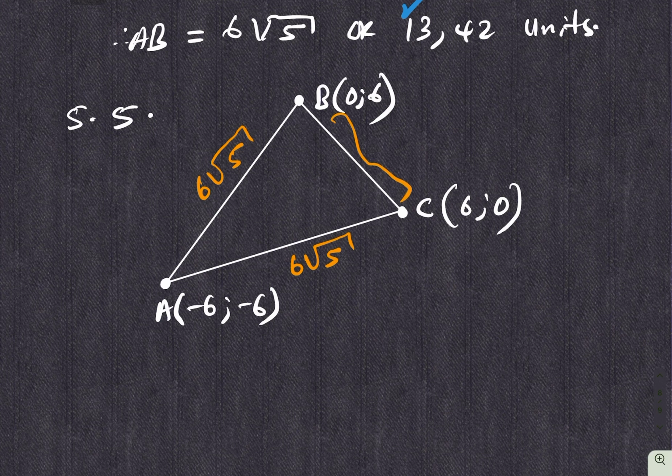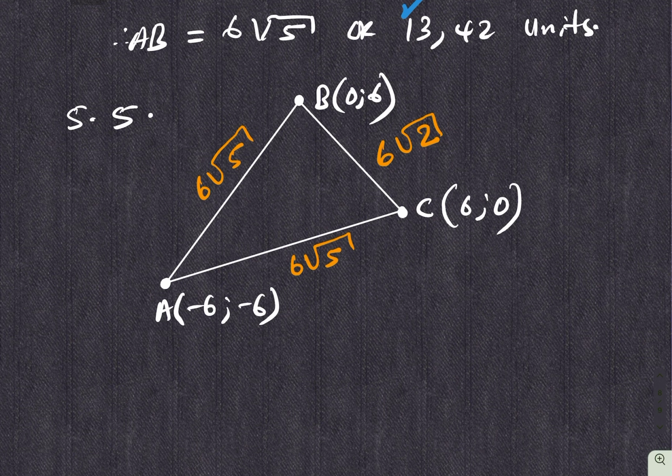And how do you find that distance, this one? That is going to be the square root of 36 plus 36, so that is 72. 36 times 2 gives you 6 square root of 2.